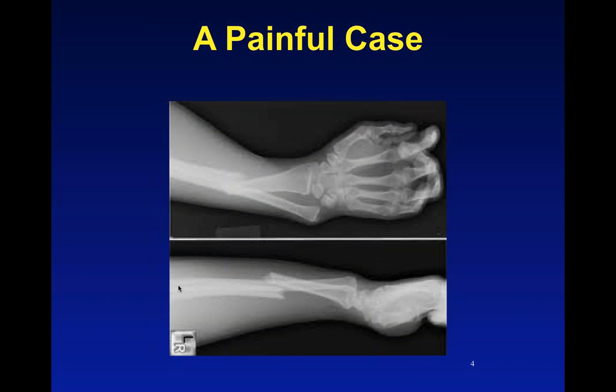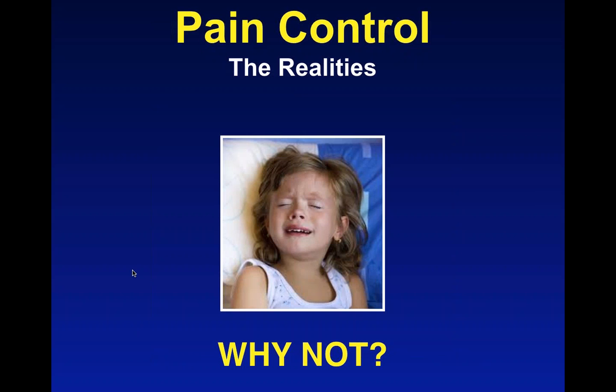So again, this is the obvious one, right? What are the realities of why pain medications are not given? And just like Keith did, I know that you guys are all muted, but feel free to type in either in the chat or in the question bar your comments that I can address as I'm talking here. But why aren't we giving pain control?